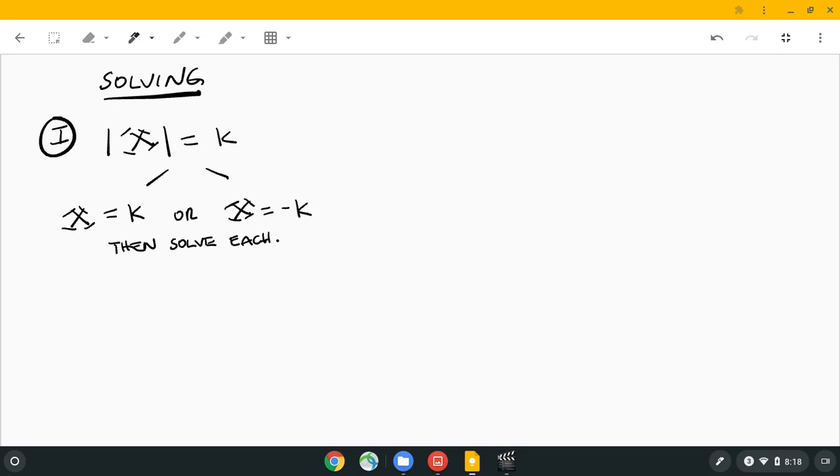Okay, and I'll do an example right here off to the side. Suppose that I have absolute value 3x minus 5, minus 2 equals 7. Okay, so again, the first thing you want to do is get the absolute value by itself. So we will go ahead and add 2 to both sides. Let me make this a little longer so it doesn't look like a 13.